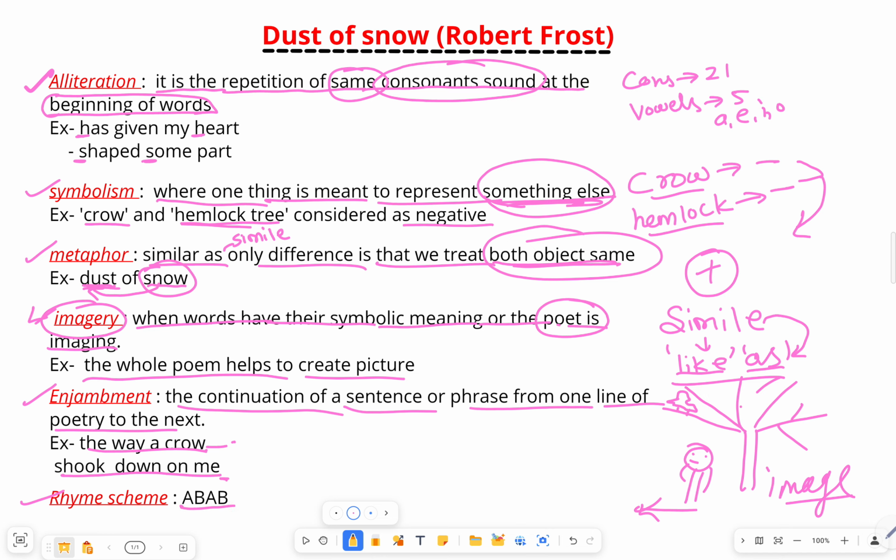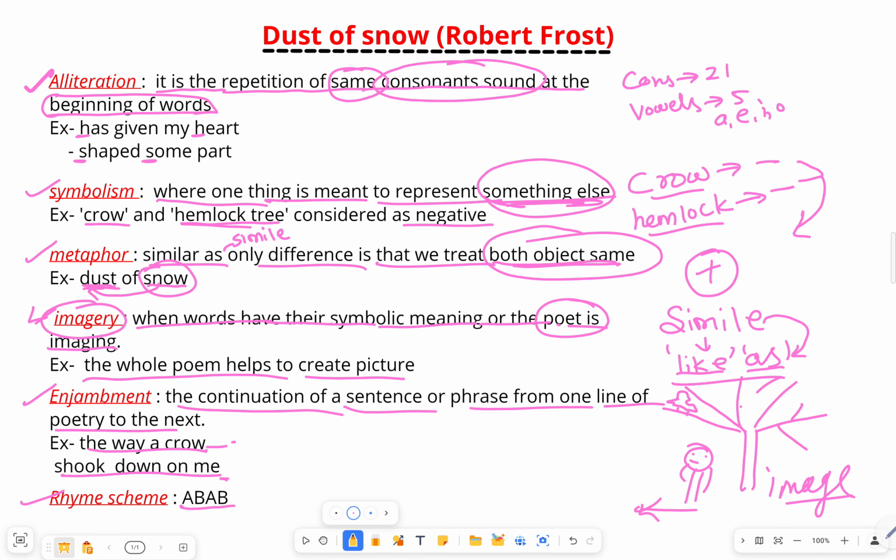Let me read, and I hope you have the book in front of your eyes. The way a crow. Next line, shook down on me. The dust of snow, from a hemlock tree.